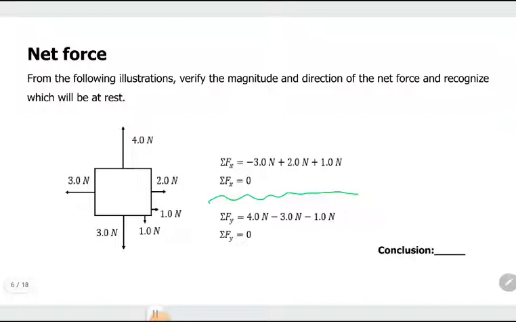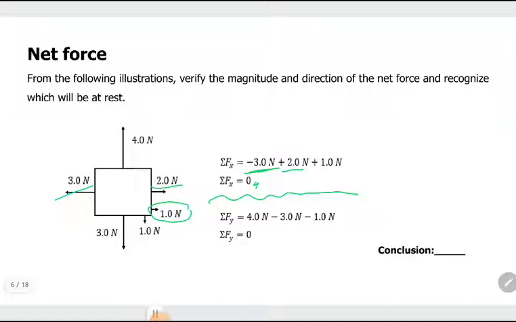So along the x, 3 takes the negative sign. It is to the left. 2 is positive since to the right, as well as this small 1 Newton force here. So negative 3 plus negative 2, that's negative 1 plus 1. It will be equal to 0.